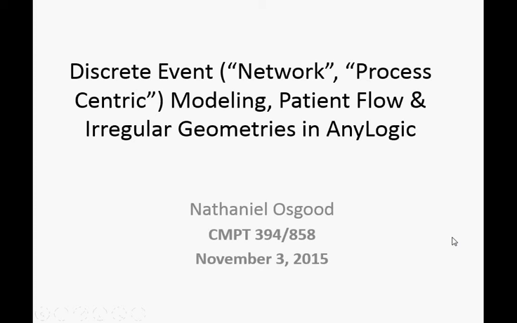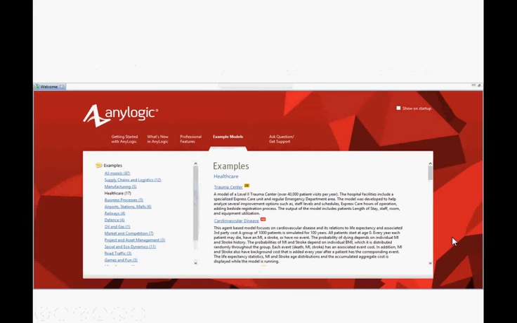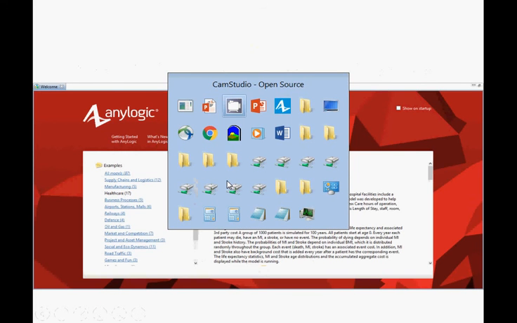Okay, so we're going to be going into this today, and as a first step, I would like you to open up the trauma center model for AnyLogic, okay? It's in the examples area, and I actually think in this version of AnyLogic it is in the general examples over on the right-hand side.